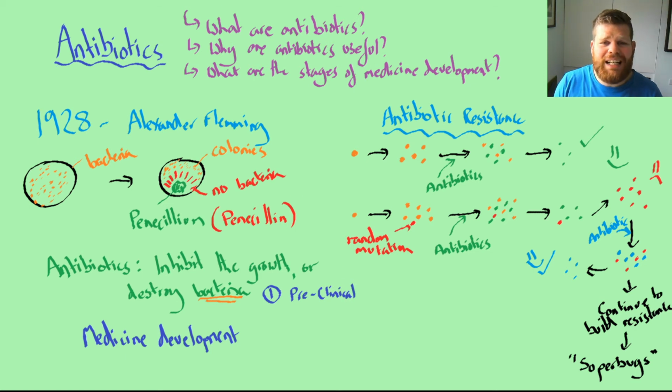In the preclinical step, we're identifying: does it have the desired effect, and does it have any side effects? If they're happy with this first step of preclinical trials, they'll then move on to animal testing.